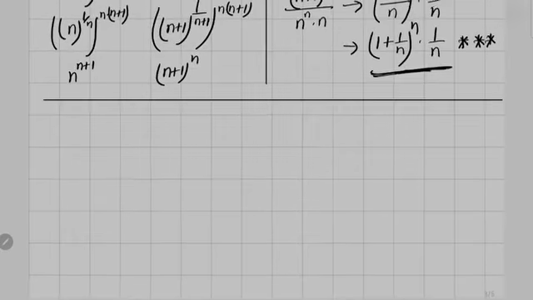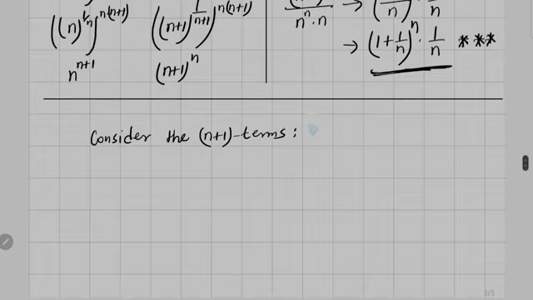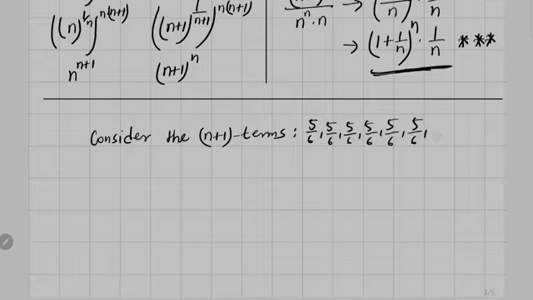Now consider the n plus 1 terms. The terms are 5 by 6, 5 by 6, 5 by 6, 5 by 6, 5 by 6, 5 by 6, 1, 1, 1, and so on.